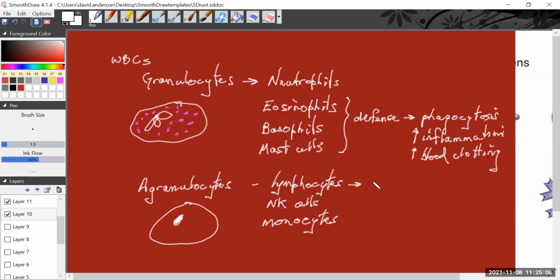These have a variety of immune responses that we'll talk about when we talk about the immune system.